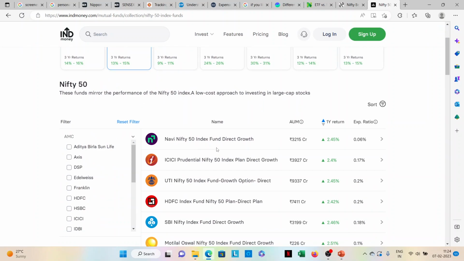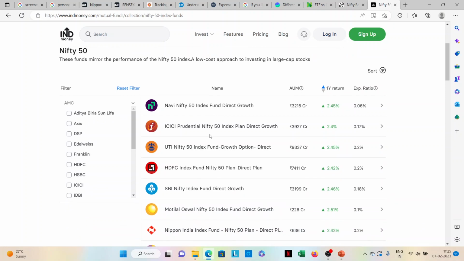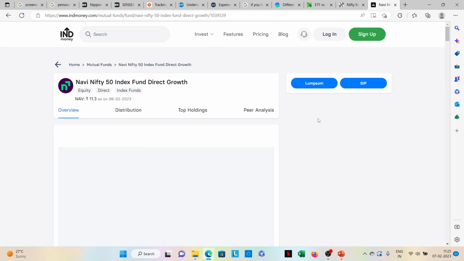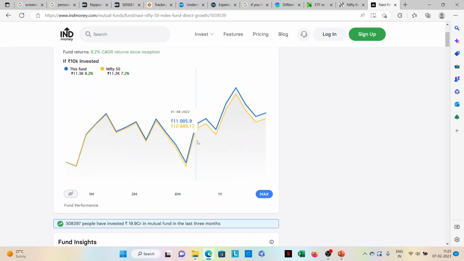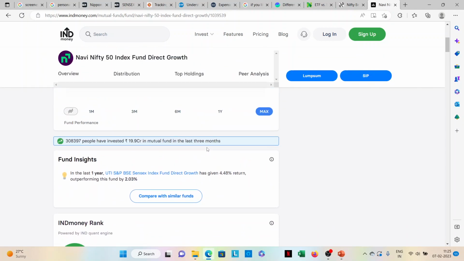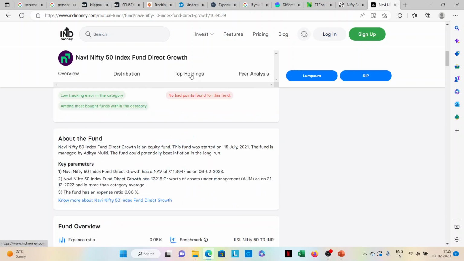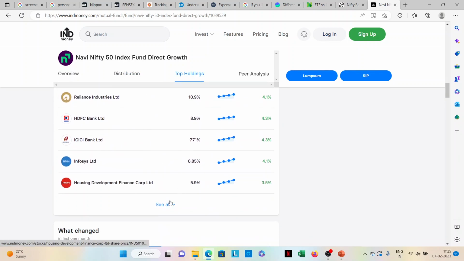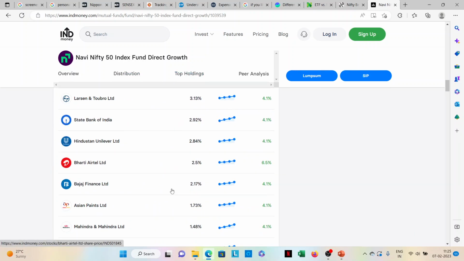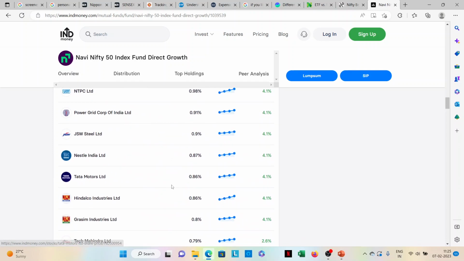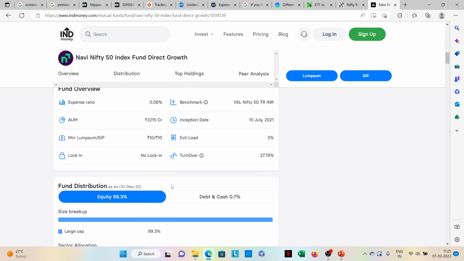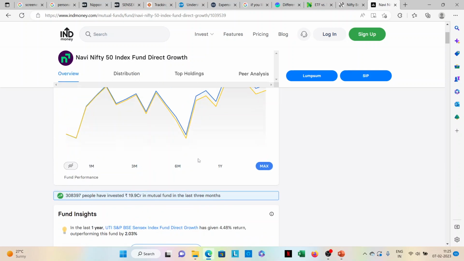These are funds that still replicate it. So these are mutual funds, not ETFs, I repeat again. If you look at any of the compositions, they try to replicate the market itself. The top holdings are the same companies that the Nifty 50 index on NSE or BSE will have. So how are these different from an ETF?